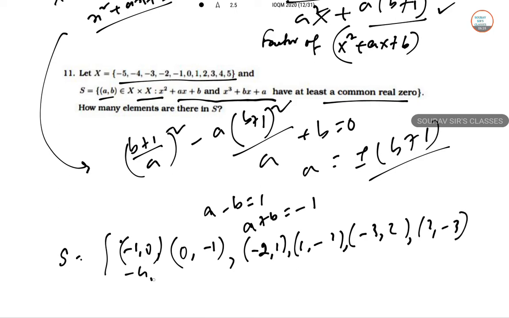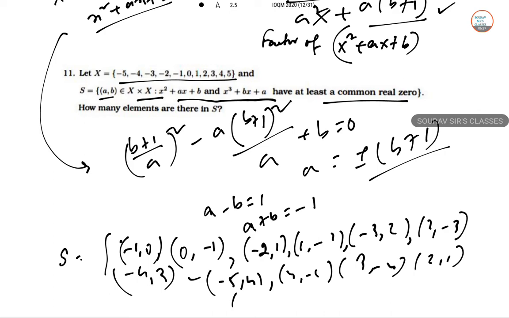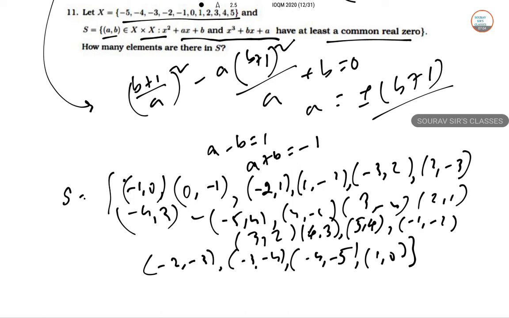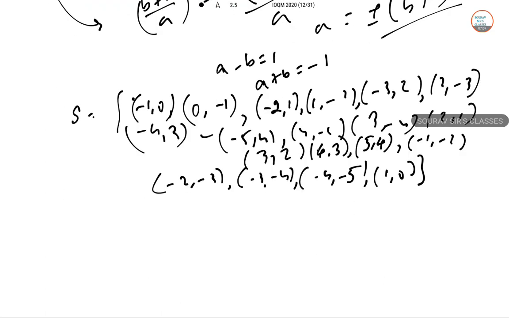Similarly in that way, minus 4 and 3, so it will be doubled, minus 5 and 4, and 4 and minus 5, 3 and minus 4, then 2 1, 3 2, 4 3, 5 4, minus 1 minus 2, minus 2 minus 3, minus 3 minus 4, and 1 0. So 0 minus 2 is also there.